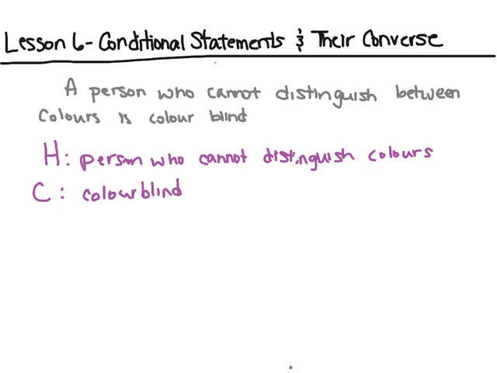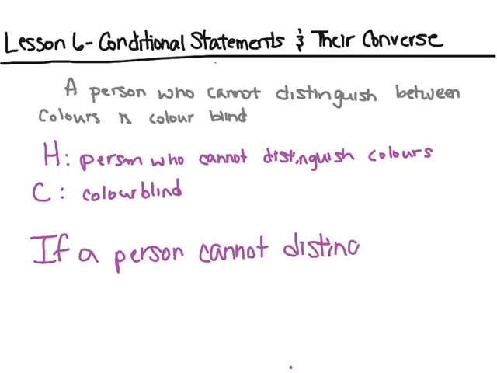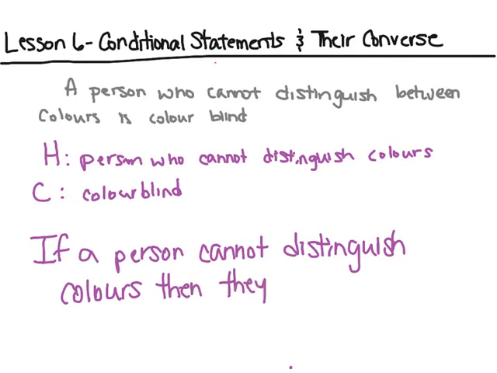So our conditional statement would say, if a person cannot distinguish between colors, then they are colorblind. So that would be our conditional statement.